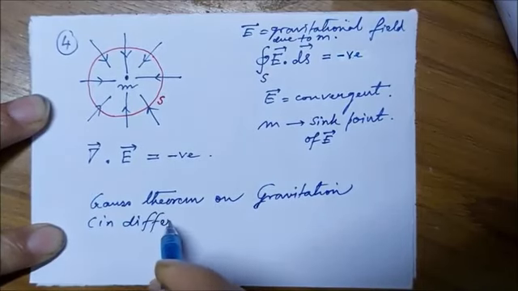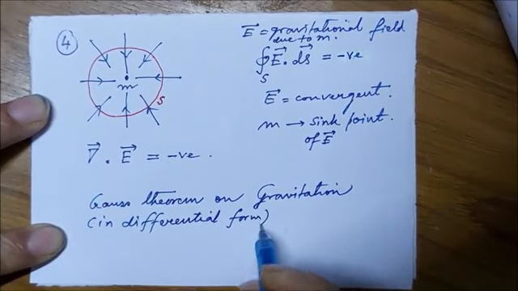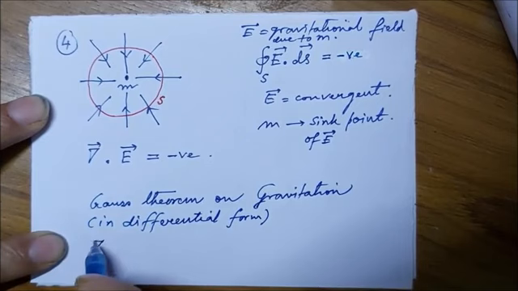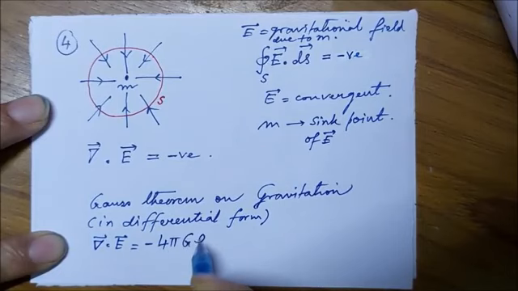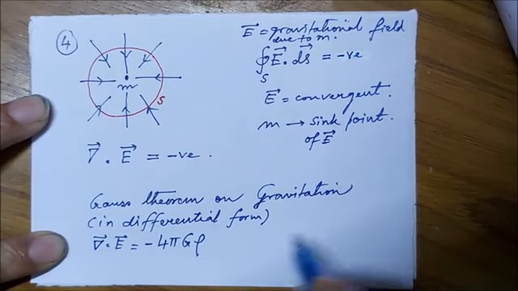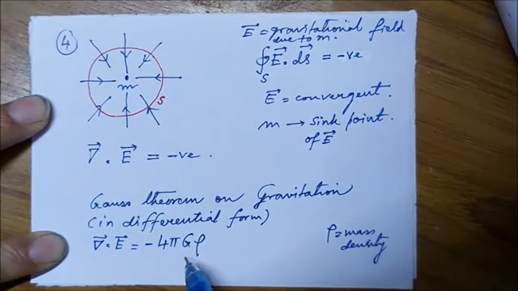In differential form, according to which divergence E equals minus 4 pi G rho, where rho is mass density, and G is the universal constant of gravitation.